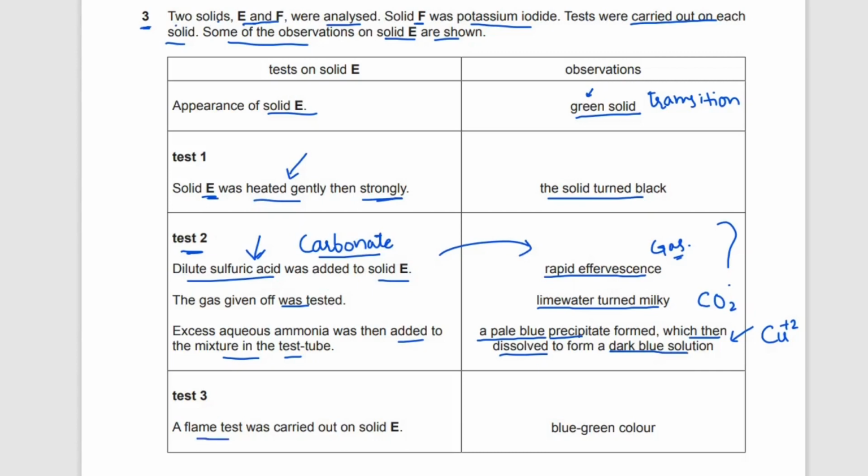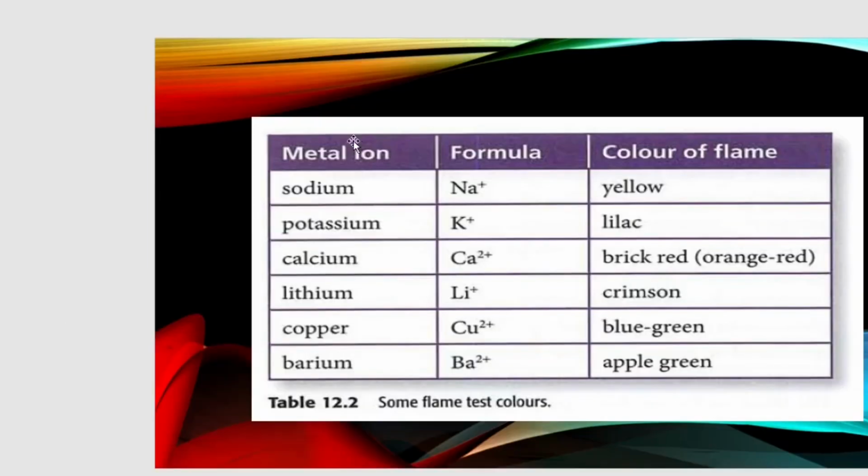A flame test was carried out on solid E, blue-green color. It is also flame test for copper ion. So it is very clearly indicated that it must be copper salt, because flame test is telling us, and here we have to learn the flame test.